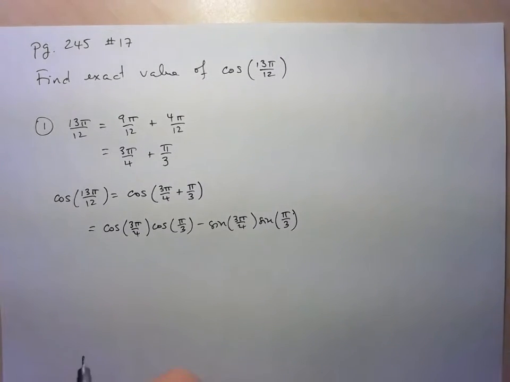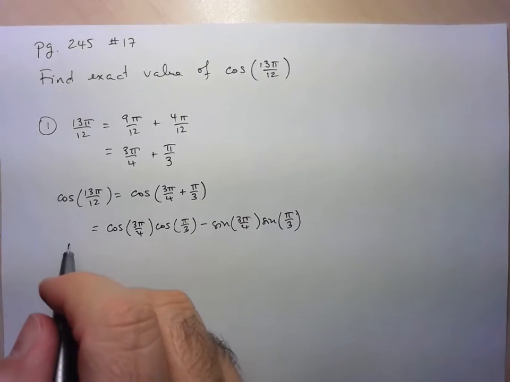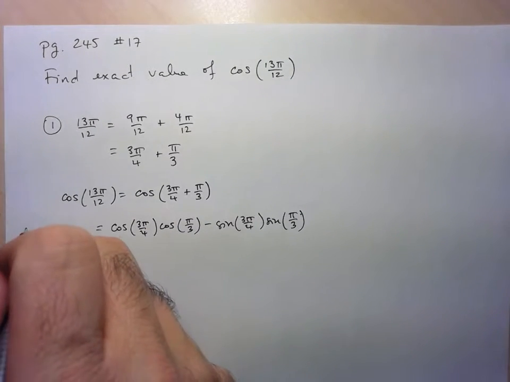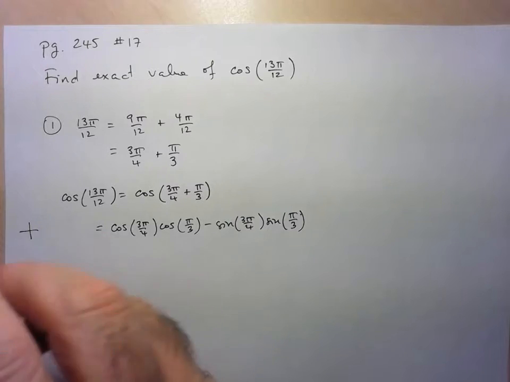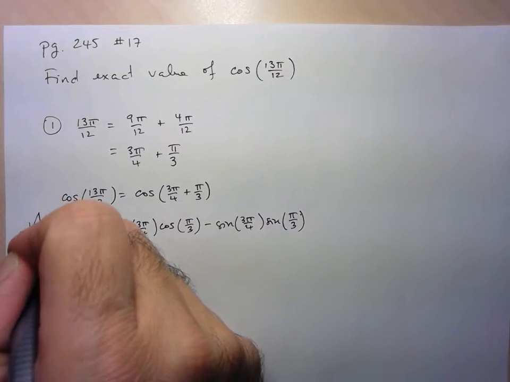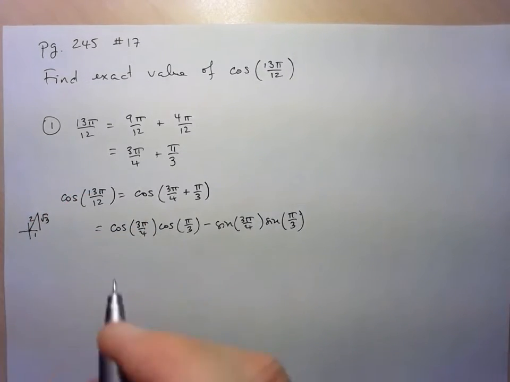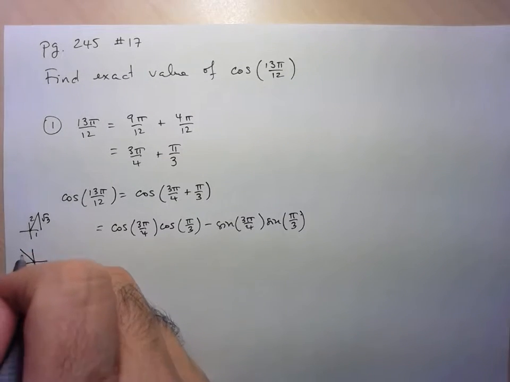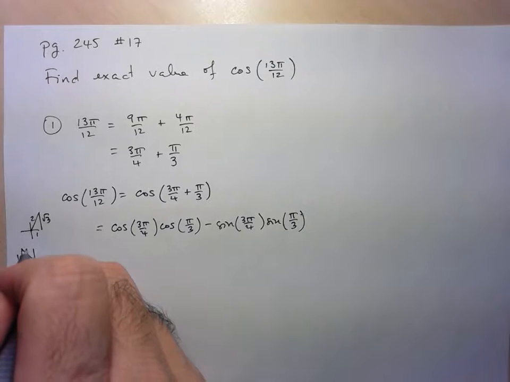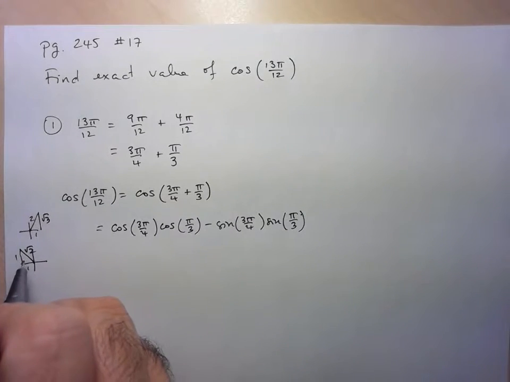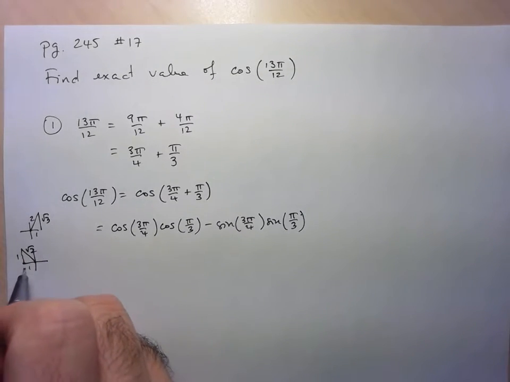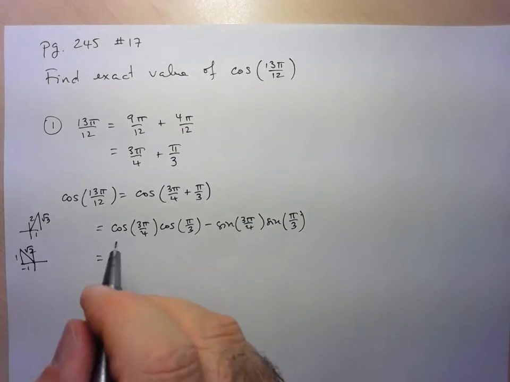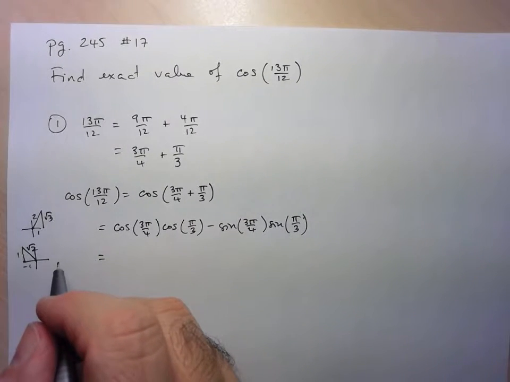I always like to have my little diagram on the side to help me out here. Pi over 3 is going to be my 1, 2, root 3 triangle, and 3 pi over 4 is going to be in the second quadrant, and that's my 1, 1, root 2 triangle. But of course, my x value is actually negative 1. Now I can just read my answers off these little diagrams.